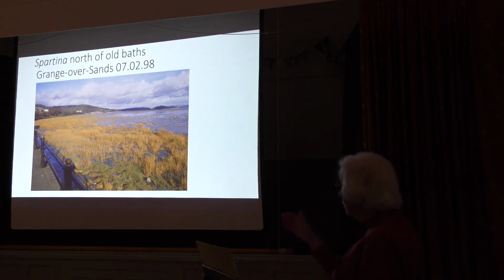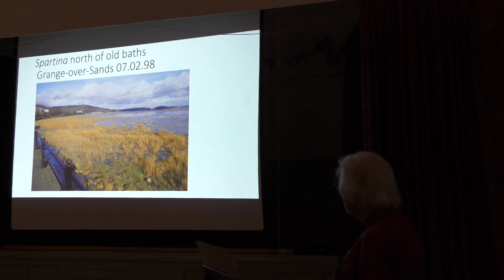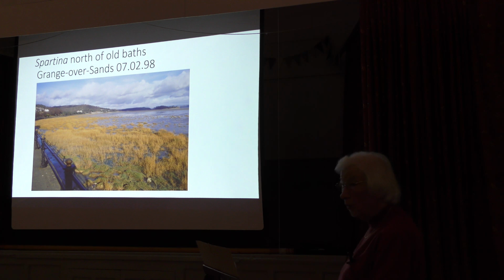Now what we'll do is, just as it were, take a walk along Grange Promenade, going north from Kent's Bank to see what's showing up here. And you can see this is north of the old baths, which I think you'll probably know the location of, on Grange Promenade. And you can see that there is patchy Spartina, a little bit of other grasses coming in, but not as consolidated, obviously, as it was at Kent's Bank.